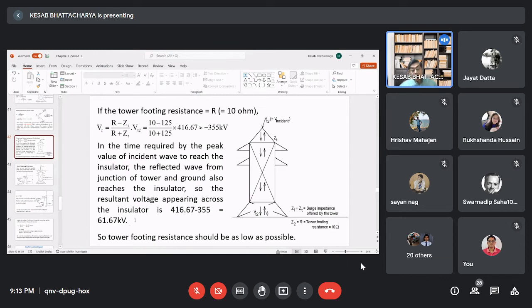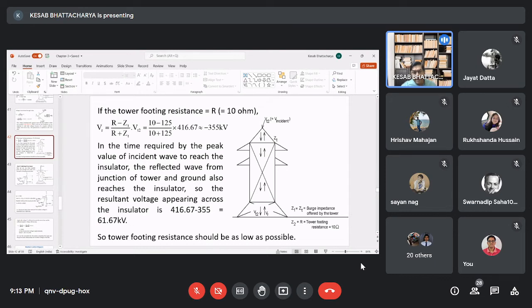In the case of an 11 kV system also, a while back we were talking about the basic impulse level. For an 11 kV system, all the insulators are supposed to withstand 75 kV. So if a voltage of magnitude 61.67 kV appears across them, they will be able to withstand it.